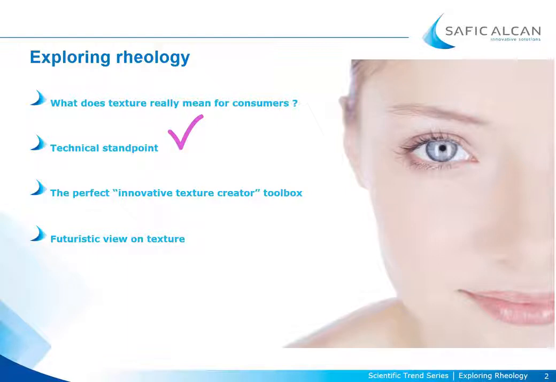It will help us clarify key concepts such as rheology versus viscosity, structured versus elastic liquid, and so on. Then we'll try to build the perfect, innovative texture creator toolbox. It will include ingredients that thicken media, such as water and oil, others that provide unique suspensive properties and create novel gels and films. Our journey will end with a futuristic view on texture.